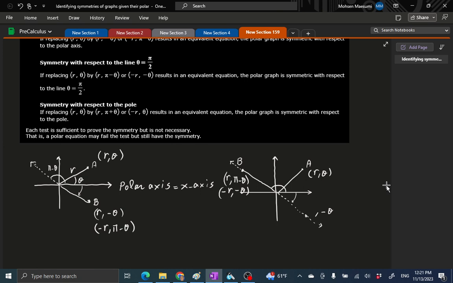However, if our checks don't work, that is, the equation is different after we have changed r and theta to either of these, we leave the question open and we say our test is inconclusive because we haven't checked the other representations of point B. So that's the complication in polar that wasn't there in the Cartesian. In Cartesian, every point has just one representation and your checking is a lot simpler. Here, the issue is more complicated.